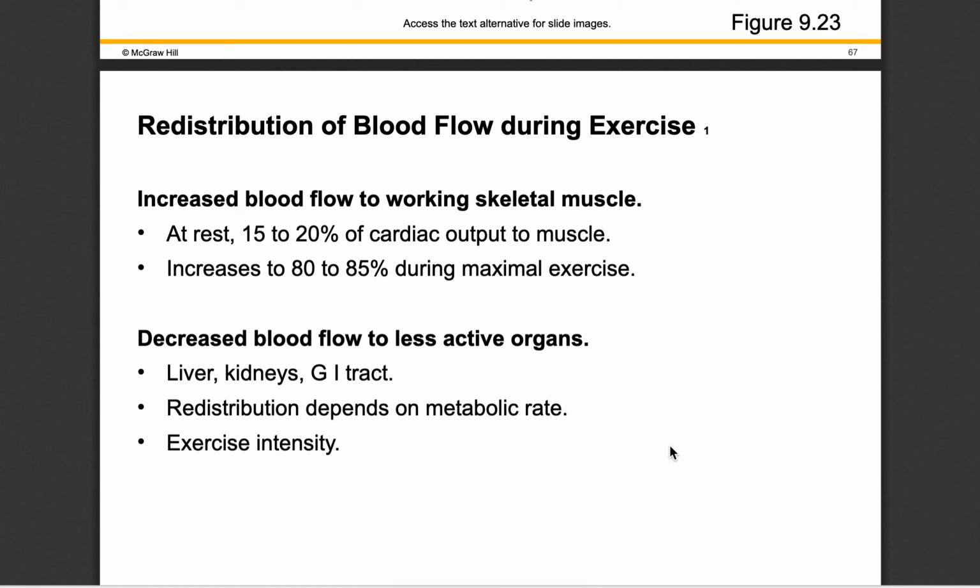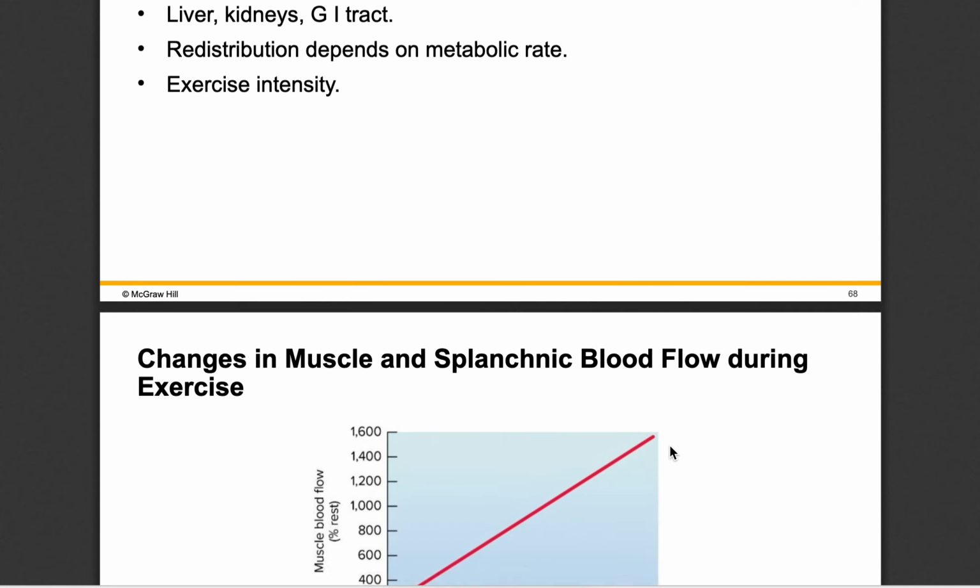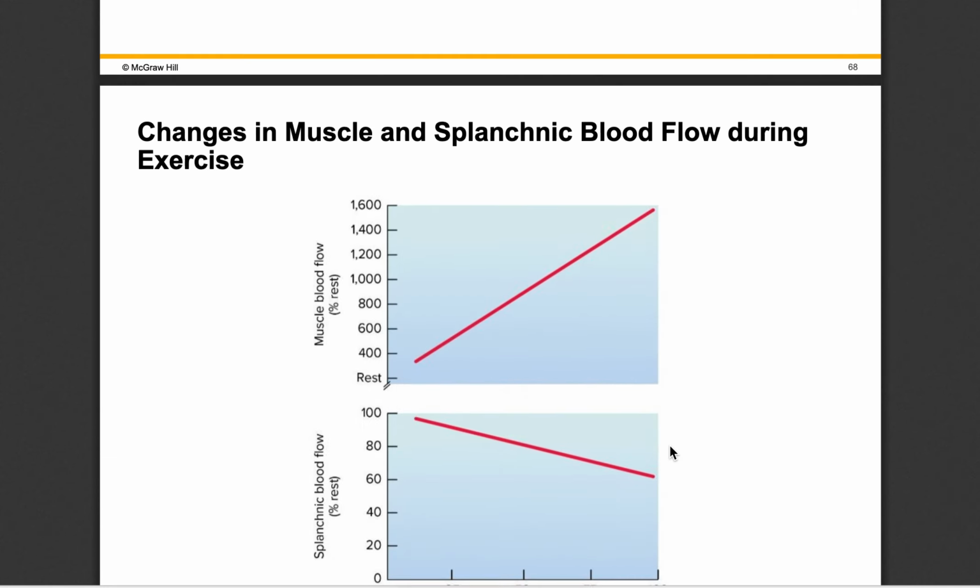Realize your brain is always going to maintain the same blood flow regardless. The percentage might change, but it's always going to maintain the exact same amount of blood flow during exercise and rest to keep you functioning properly. It doesn't need too much, that's bad for it, and too little, we pass out. And so that's just something to note.